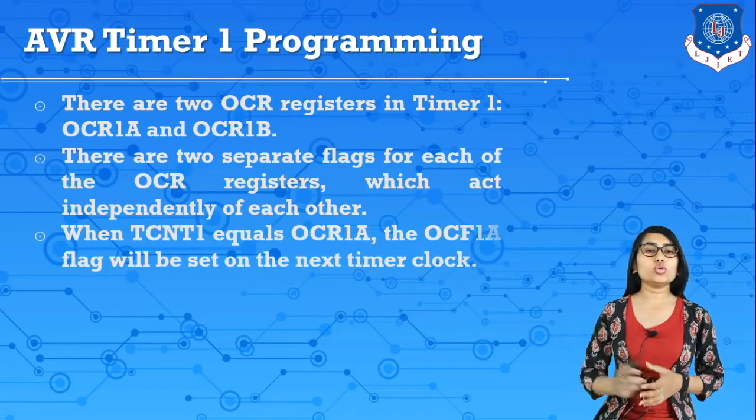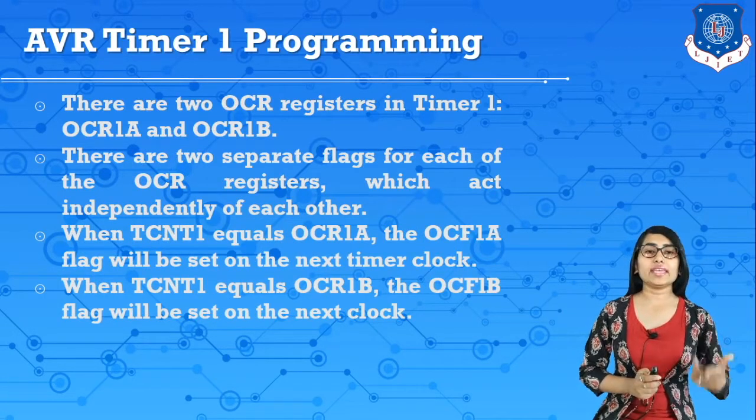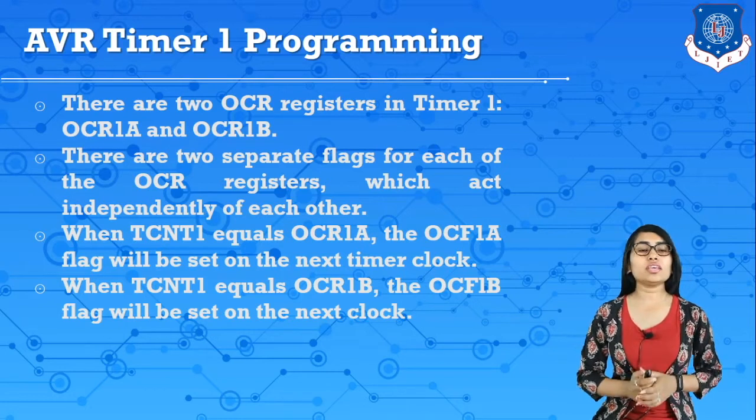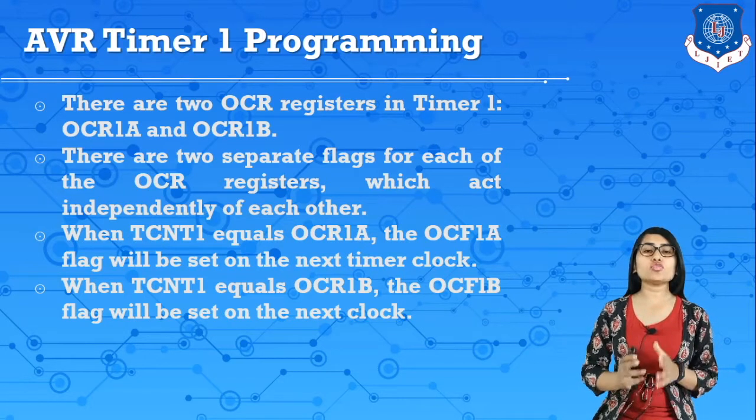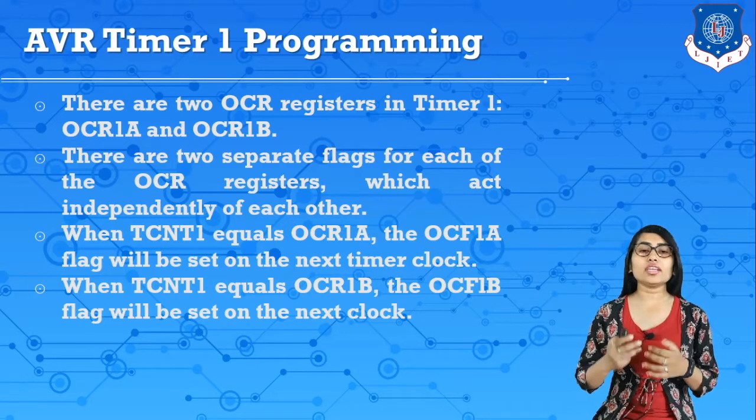There are two registers in Timer 1, OCR1A and OCR1B. There are two separate flags for each of the OCR registers, which act independently of each other.